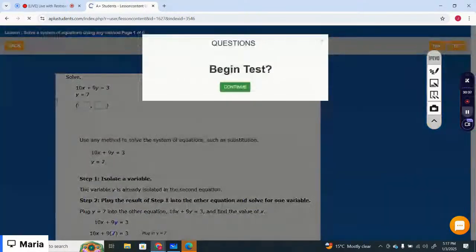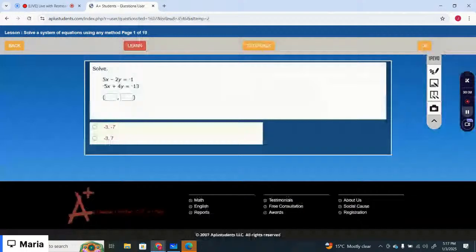Let's just start with the test questions. 5x minus 2y equals negative 1. Minus 5x plus 4y equals negative 13.